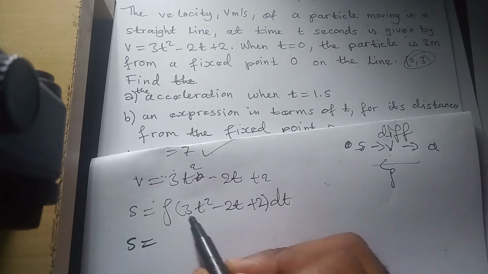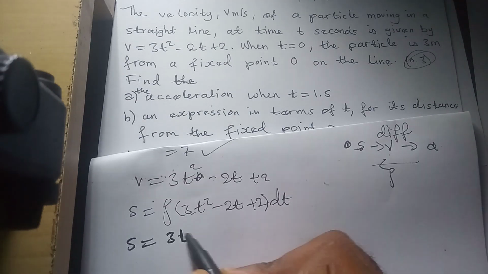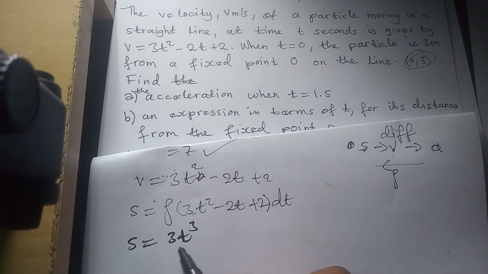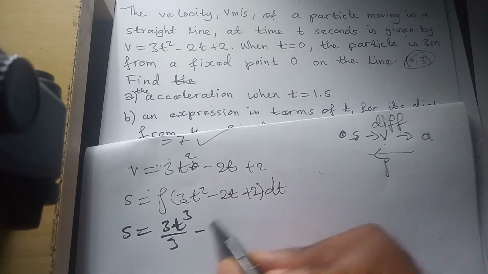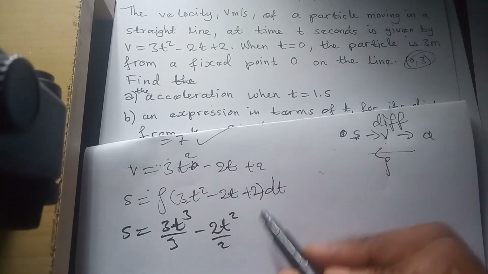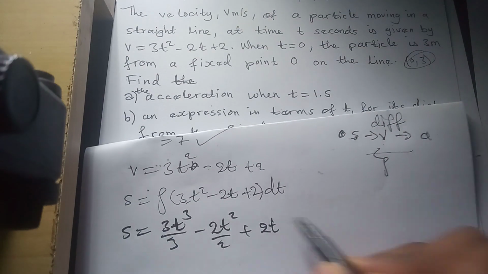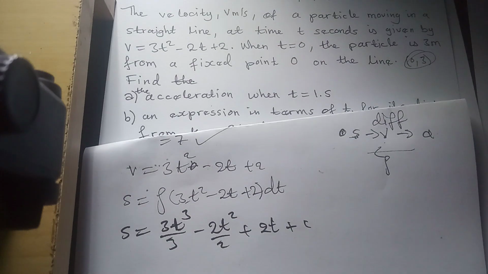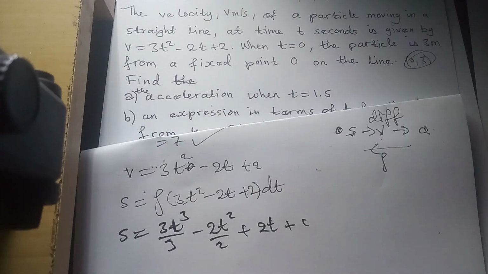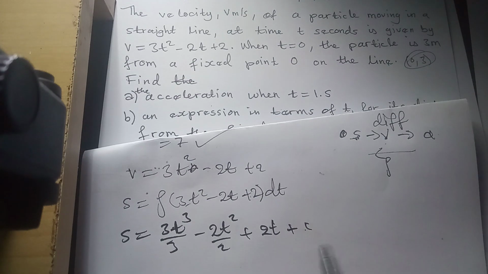So when you integrate this with respect to t, you have 3t to the power 3, and then over 3. And then you integrate this, you have 2t squared over 2. You integrate that, you have a 2 and a t, and then plus c. So now you just want an expression, but then this c has to be taken care of.